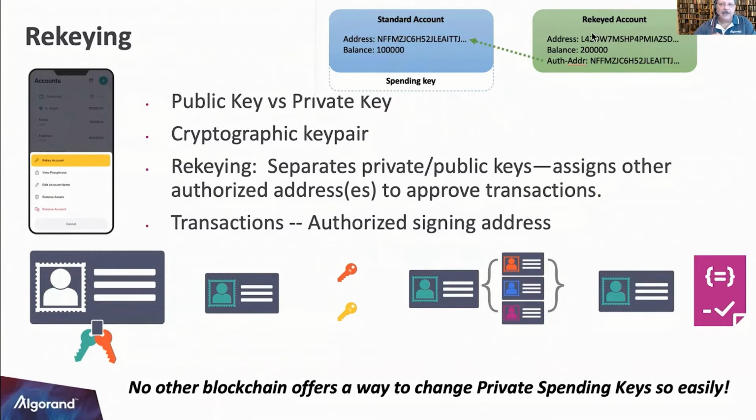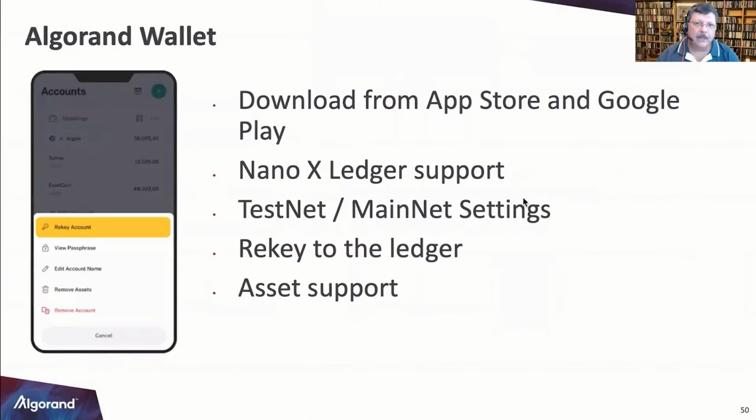And you can see with the transaction here on the right that we have a rekeyed account. So this address that begins with L42 has an authorized address now of NFF. So NFF is actually going to be the spending key or the signing key that would be associated with that particular transaction. So pretty smart, very easy to implement, and really provides you a lot of flexibility.